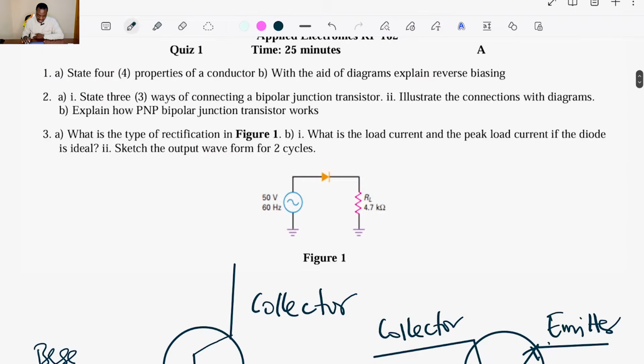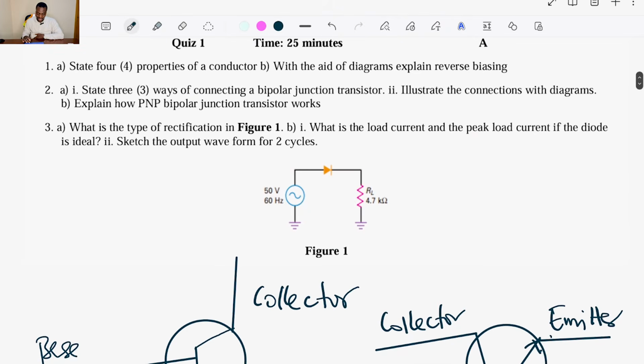Okay, so moving to question 2B. Explain PNP bipolar junction transistors. So here we have to explain how a PNP bipolar junction transistor works.